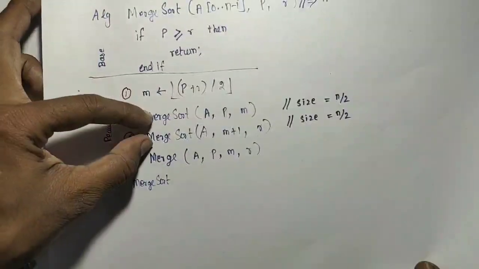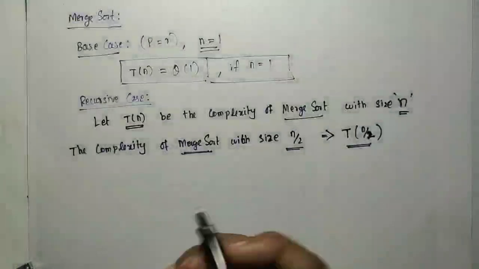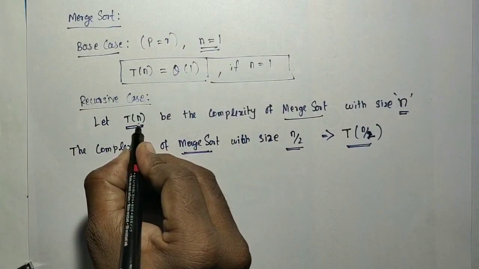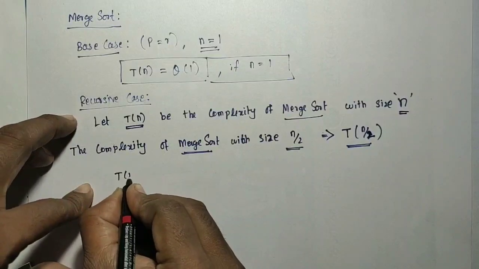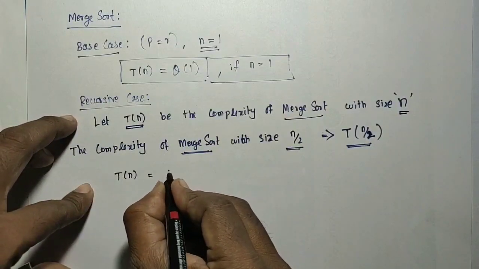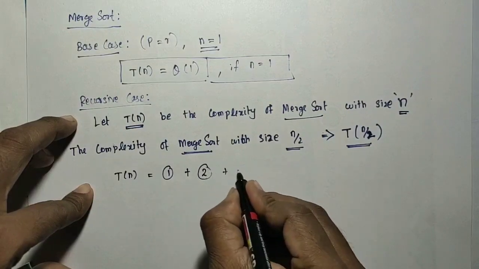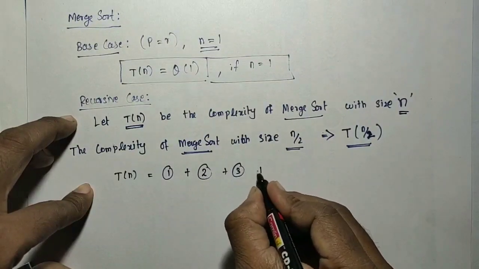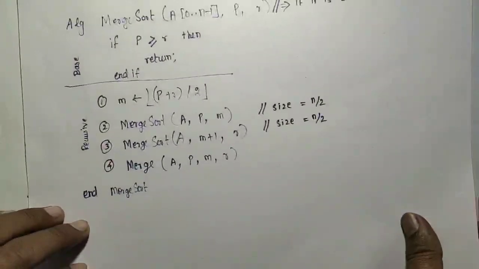Now you come to these steps: divide, conquer and combine. There are four steps. So the complexity of the merge sort algorithm in the recursive case, T of N, is the complexity of 1 plus complexity of 2 plus complexity of 3 plus complexity of 4.